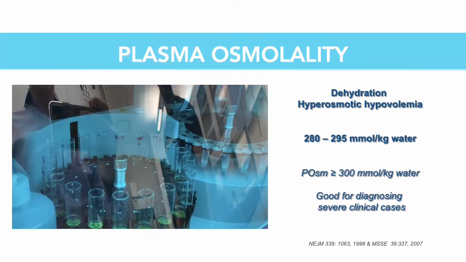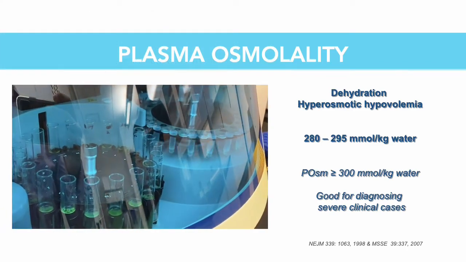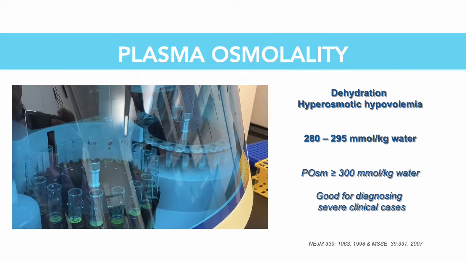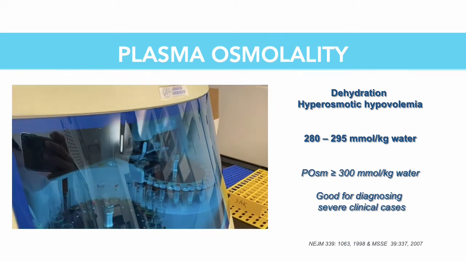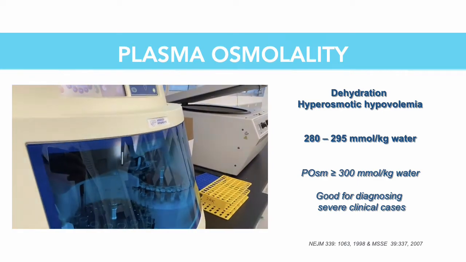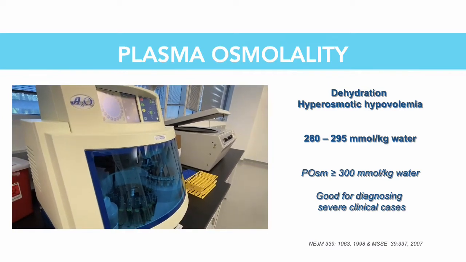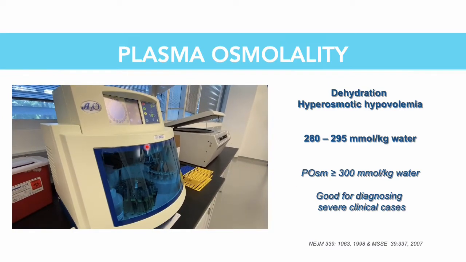Of course, you can assess one of the main stimulants of thirst and vasopressin that responds to dehydration, which is plasma osmolality. And this is actually a short video of an osmometer that we have here in the lab, the A2O, a large automated osmometer that we use to assess plasma or urine osmolality.